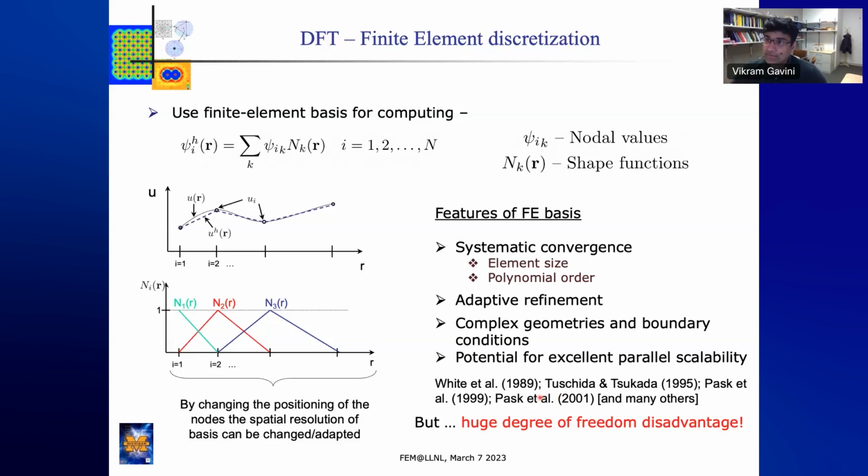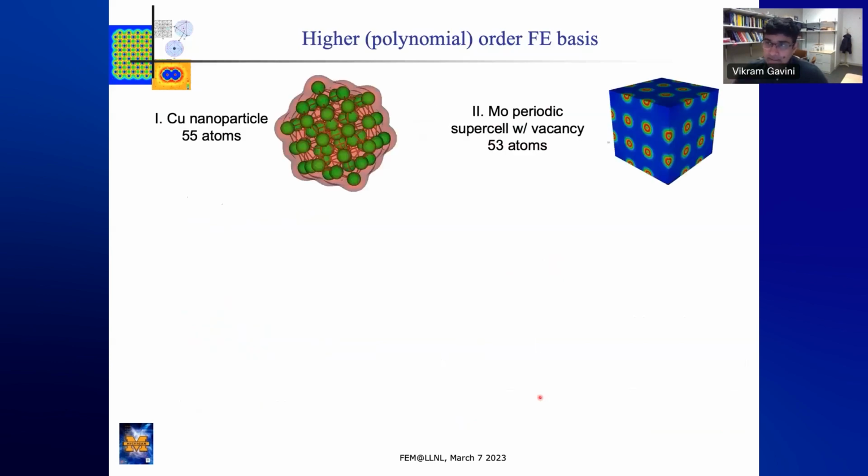But as I mentioned, the chemical accuracy is much, much more stringent than the accuracies that we seek in engineering applications. So what we looked at almost 10 years ago was if higher order finite element basis functions would essentially give us any advantage.